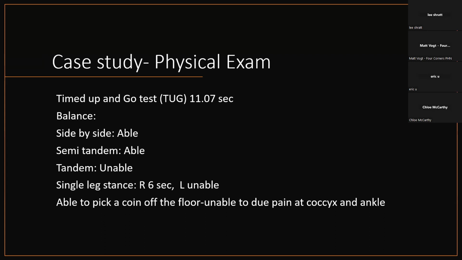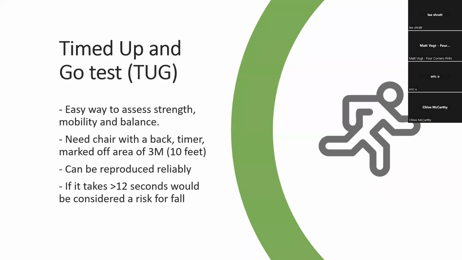Okay, so the timed up and go test, or TUG test, is a very easy test to do in the room. One of the things that you can do is you have them sit in a chair. You have to have some type of a timer, maybe on your phone. And you have to mark out about 10 feet.